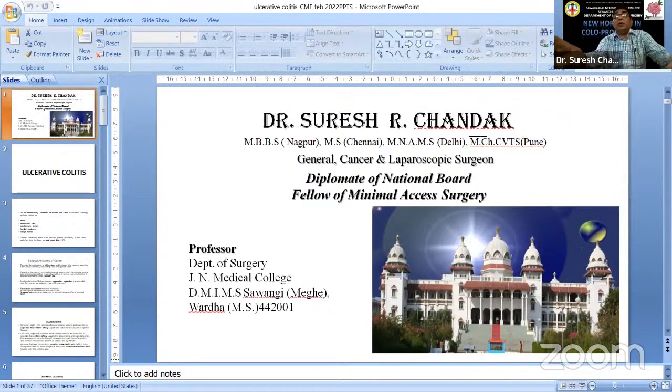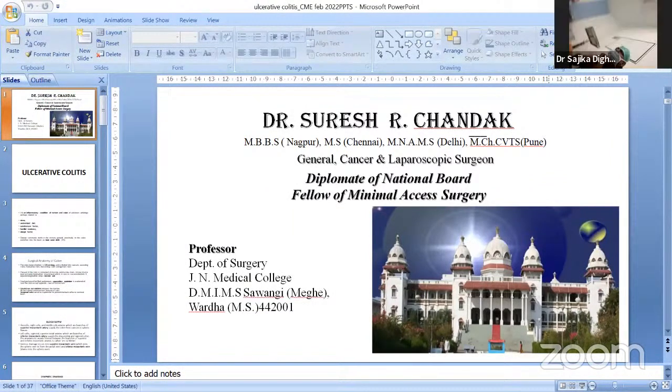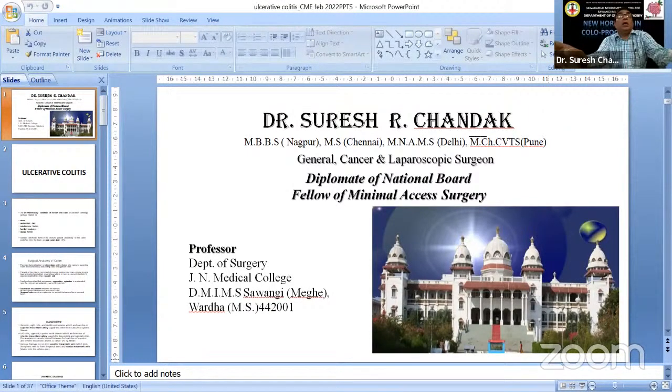It is one of the inflammatory conditions of the rectum and colon of unknown etiology, and there are some predisposing factors like stress, westernized diet, autoimmune factor, familial tendency, and allergic factors.